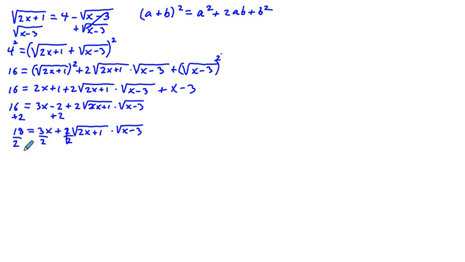So on the left side, now we have 9 equals 3/2 x plus square root of quantity 2x plus 1 times quantity x minus 3.